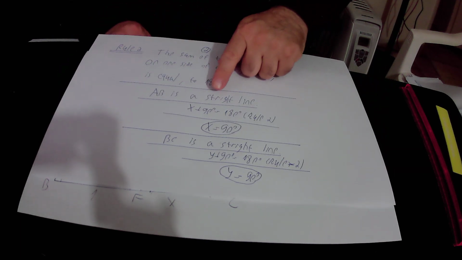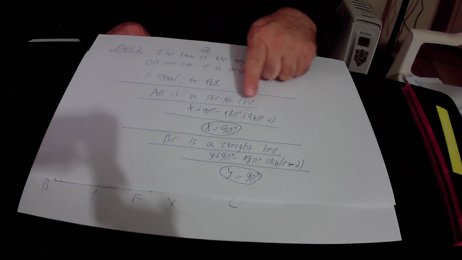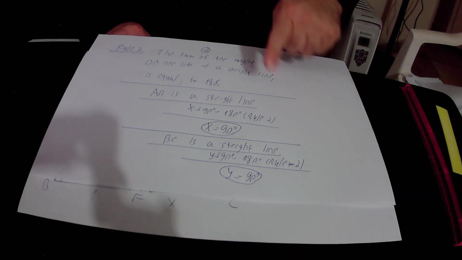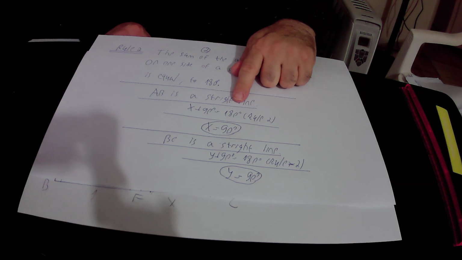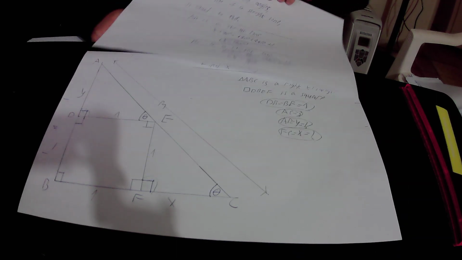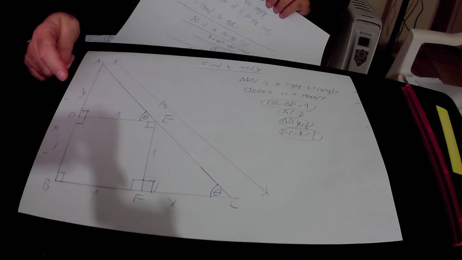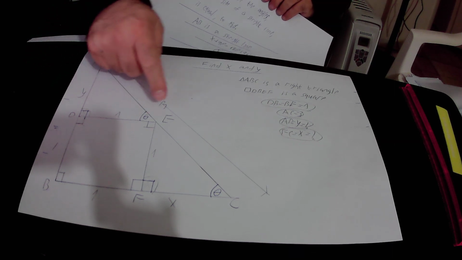Again, angle X plus 90 degrees must be equal to 180 degrees according to rule number 2. We subtracted 90 degrees from this equation, and we found out that angle X equals 180 degrees minus 90 degrees, which is 90 degrees. So angle X, this angle, is a right angle, therefore triangle DE is a right triangle.